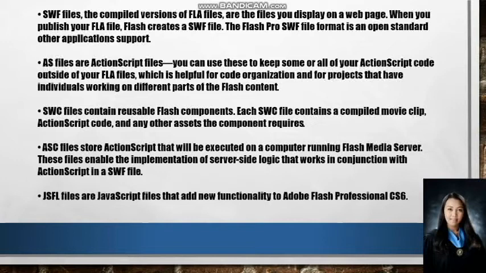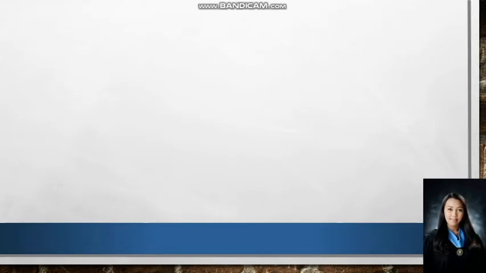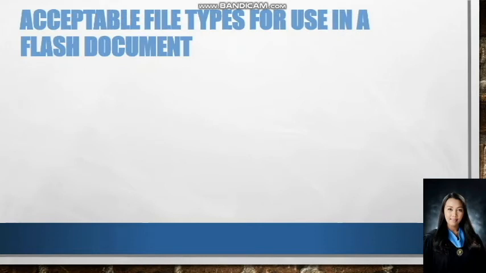So these documents can run on CS6. If your animation has code, just like JavaScript, you can save this as JSFL files to make sure that your code is running with the use of Adobe Flash Professional CS6. And now let's proceed to acceptable file types for use in the Flash document.